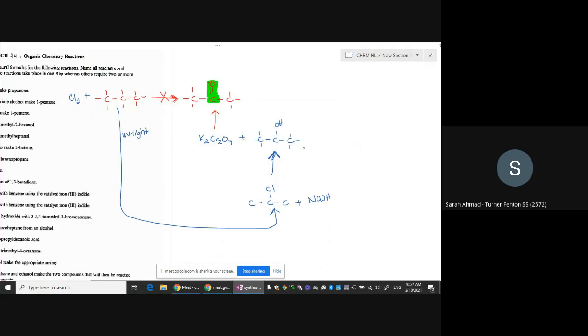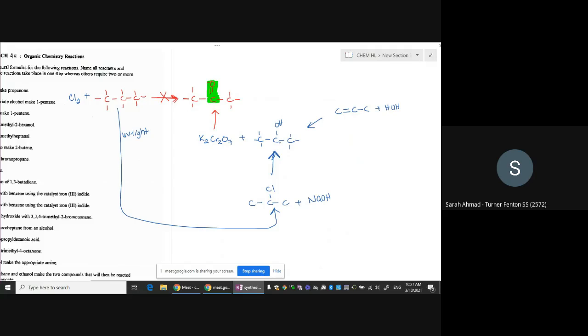Now, what if I took a different route? What if I made this by starting with propene? Okay, starting with propene, when I react it with water, Markovnikov says hydrogen will go here, hydroxide will go there, which is what I want.